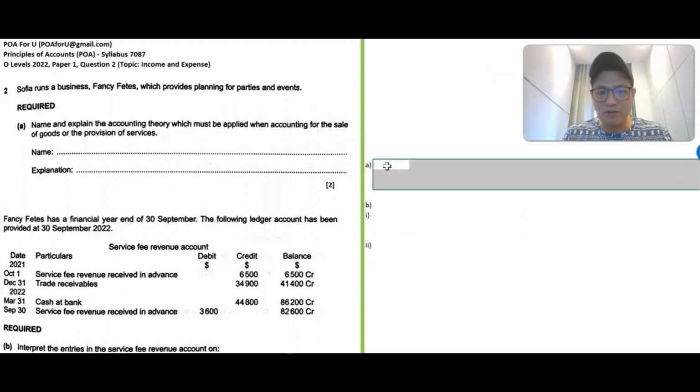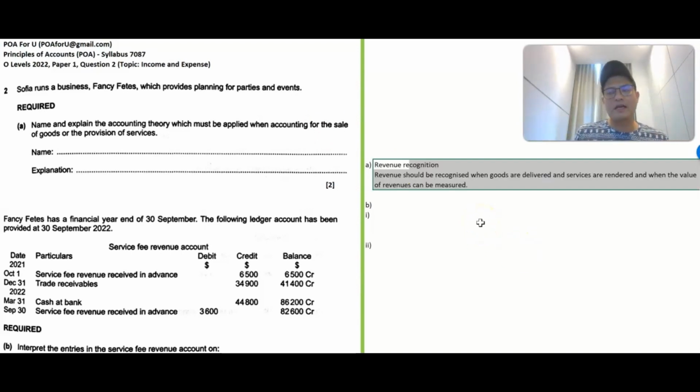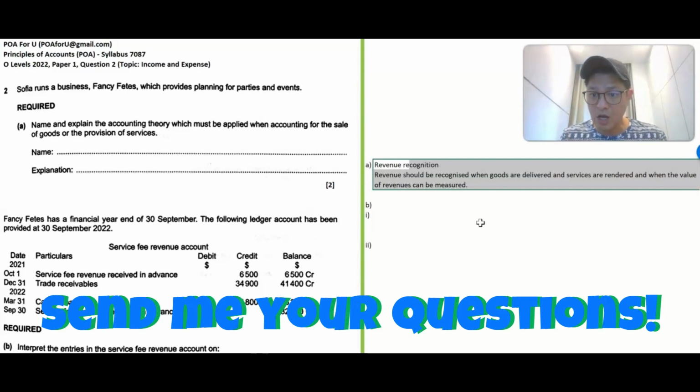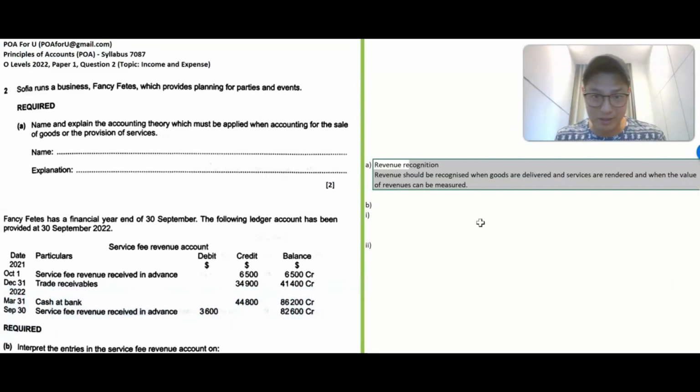So what is revenue recognition? And this is the answer that I prepared for you. It's the theory whereby revenues should only be recognized when, if you're selling goods, you have delivered the goods to a customer, or if you are selling a service, you've rendered that service to the customer. Right?